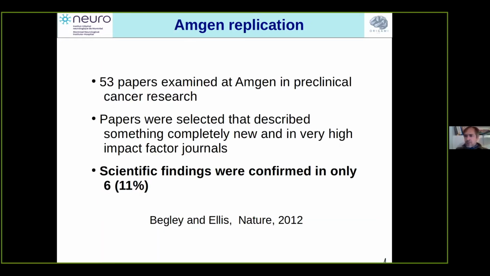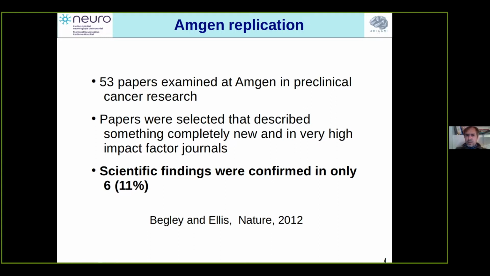So one of the first wake-up calls that came in that field of research is the study by Amgen in preclinical cancer research. Amgen is a pharma company that was interested in looking at very groundbreaking, highly cited results published in high-profile journals, and they took 53 of those very high-profile papers.